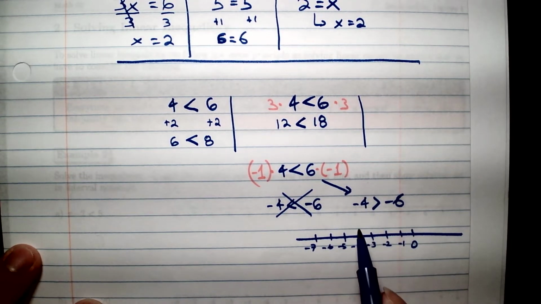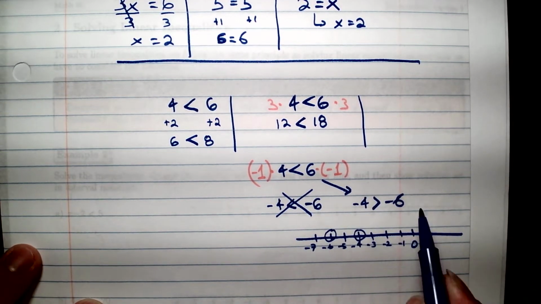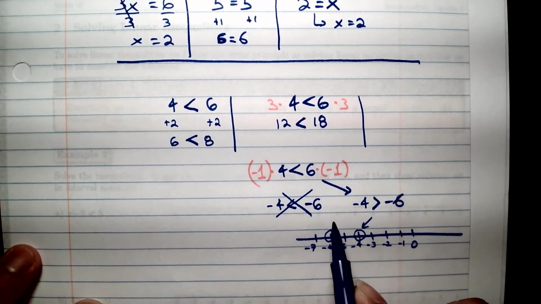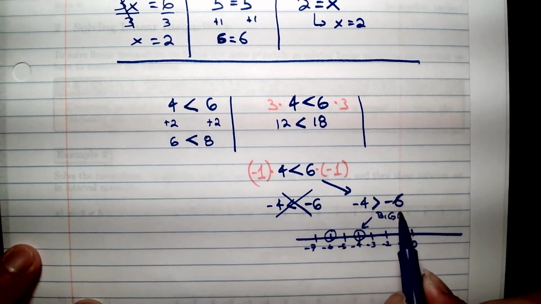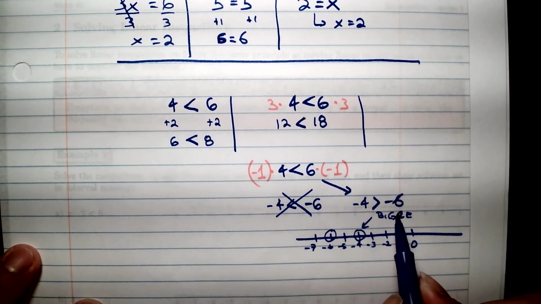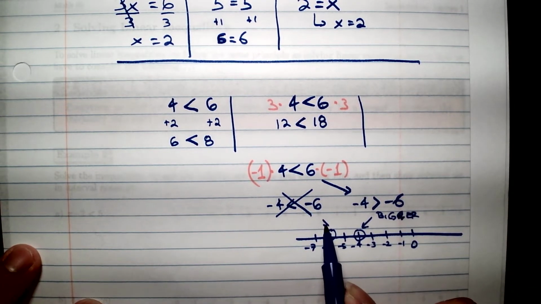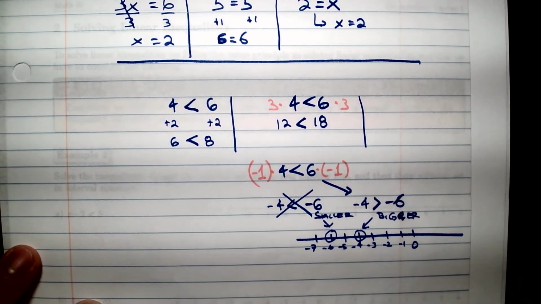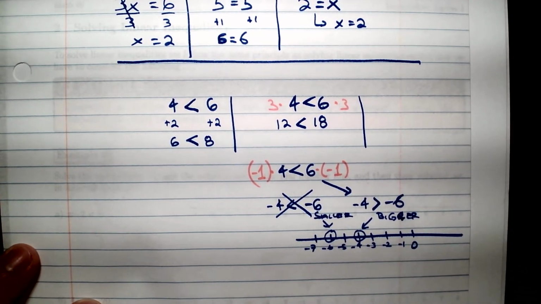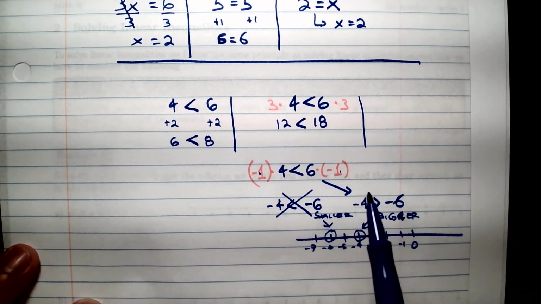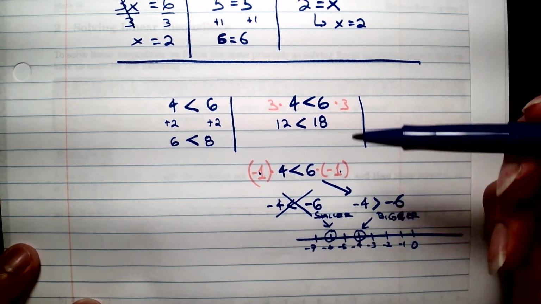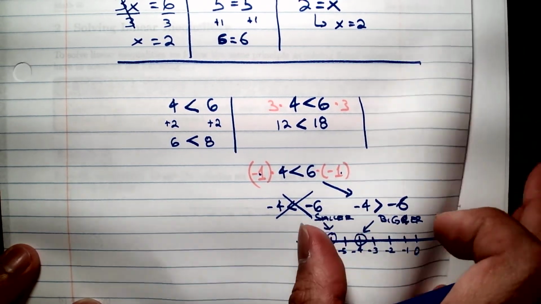Between negative 4 and negative 6, which one is bigger? Of course, negative 4. This is bigger, and this is smaller. So that's why we reverse the inequality sign when we multiply both sides of an inequality by a negative number. Hopefully this helps, because we're going to be doing a bunch of this in the following examples.